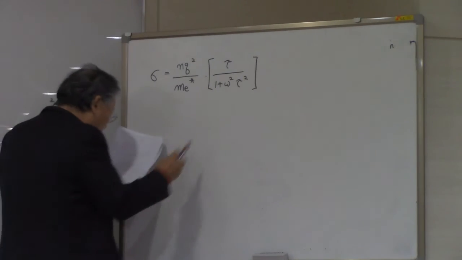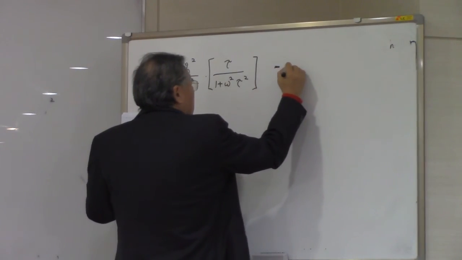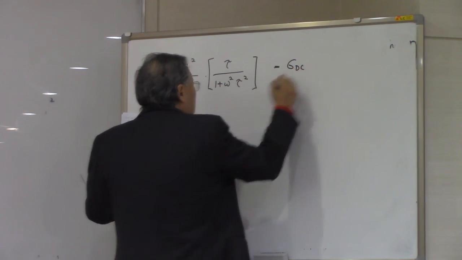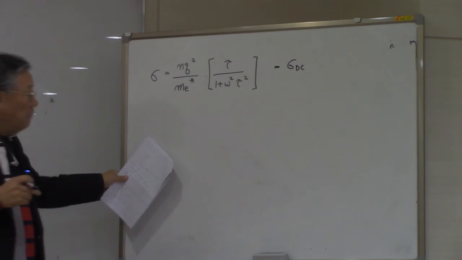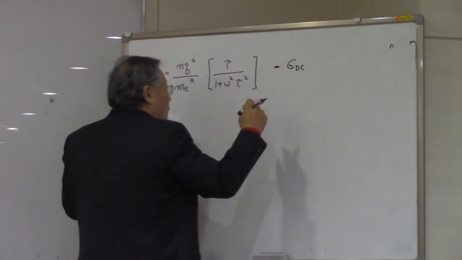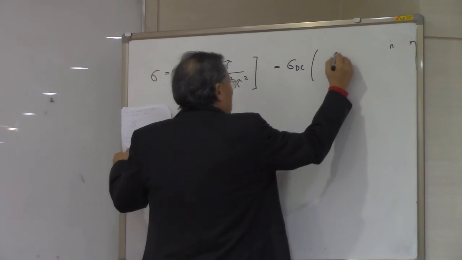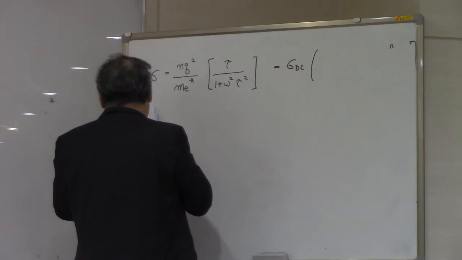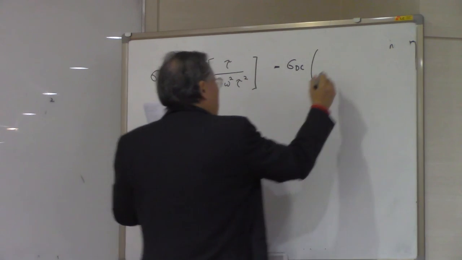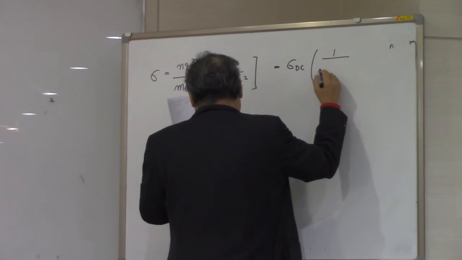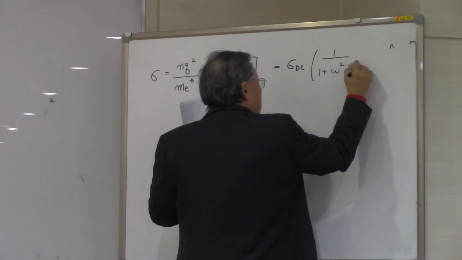And then we have this equation, and sometimes it's written with sigma dc. This is the DC sigma value, and then 1 over 1 plus omega square tau square.